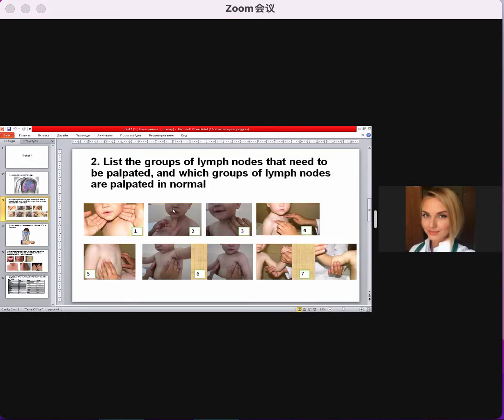Yes, that's right. Then photo number 2. Not palpated. Yes, not palpated. Number 3. Palpated. Why? What group can we see at this photo?